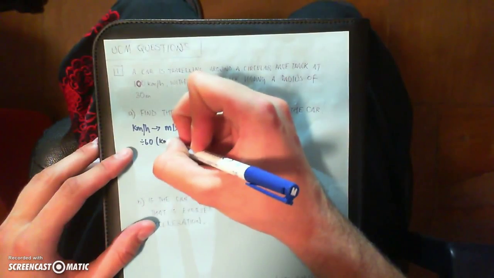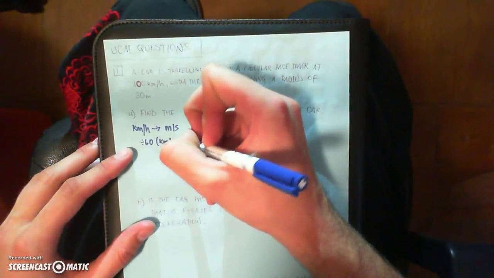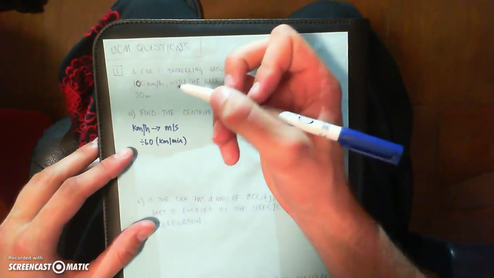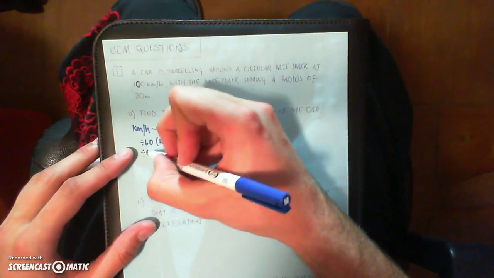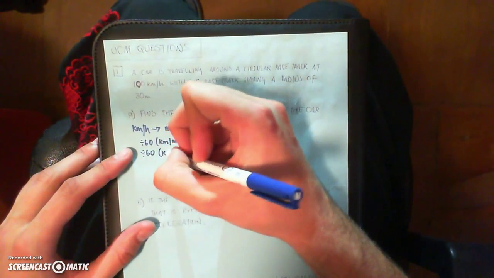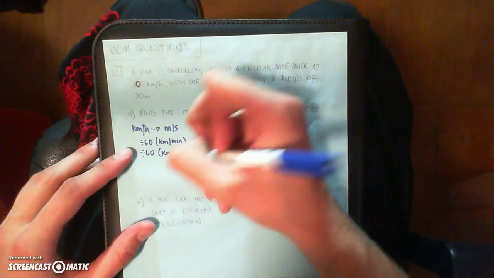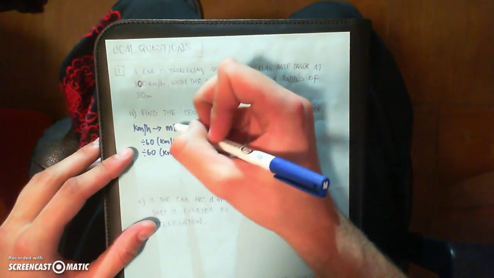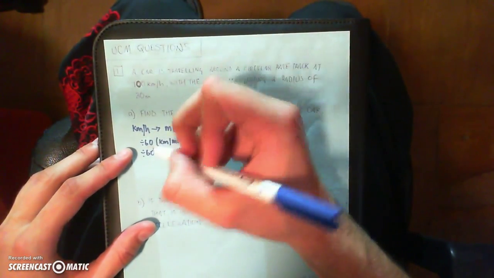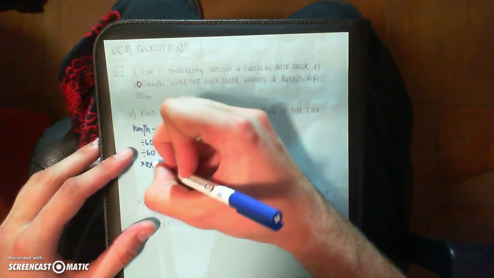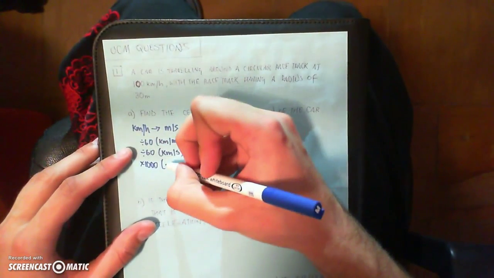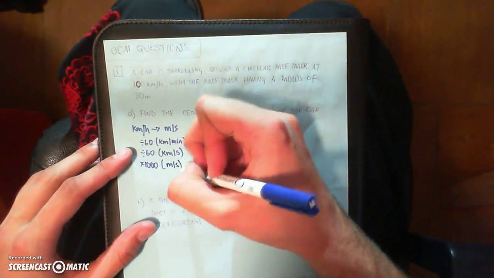That gives us kilometers per minute. Then to get kilometers per second, we divide by 60 again. Now, our final step, to get meters per second, we times by 1,000. So we get meters per second.